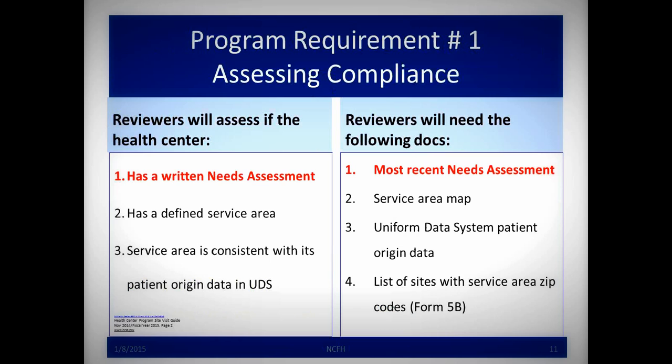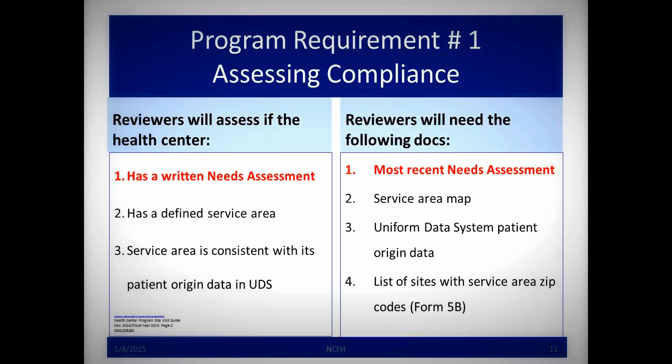To assess compliance with program requirements, reviewers will determine if the health center has a routine needs assessment, a defined service area, and whether the service area is consistent with the patient origin data, which you can find in your Uniform Data System report.